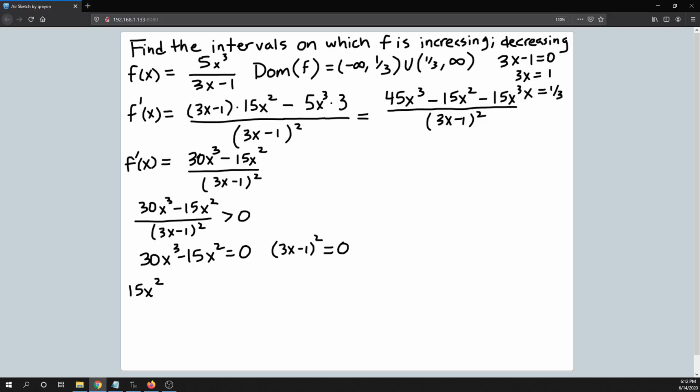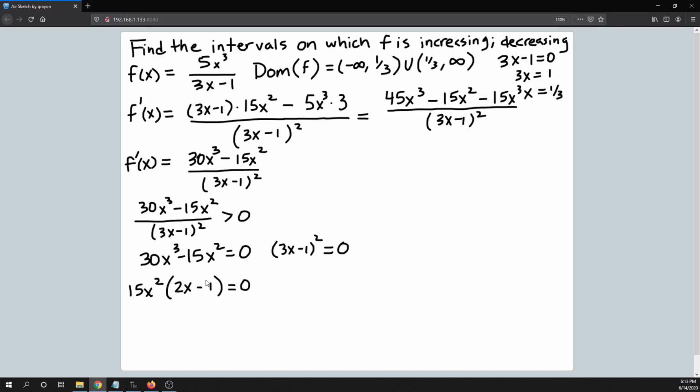Looking at the x's, we have x cubed here and x squared here, so we're going to be able to factor out an x squared. So when we do that, we get 15x squared times 2x minus 1 equals 0.